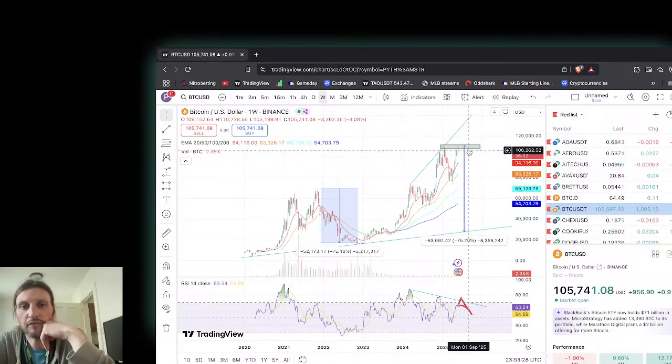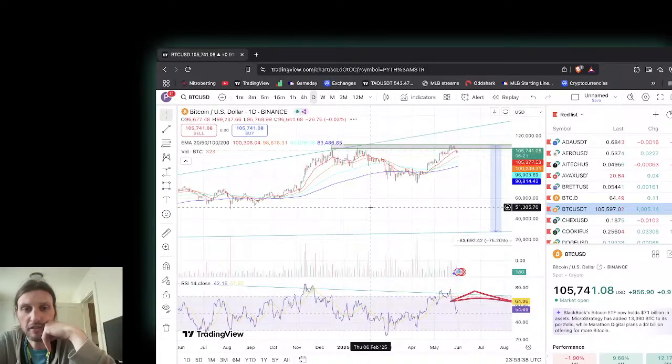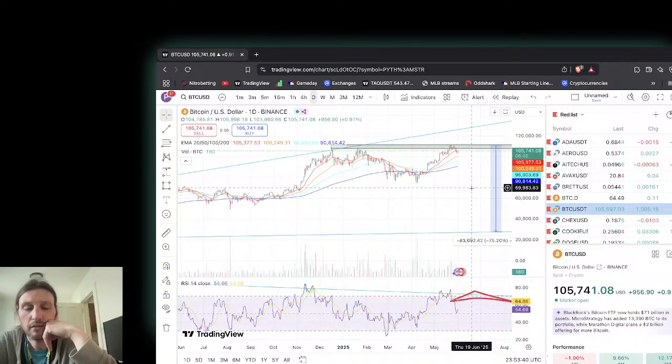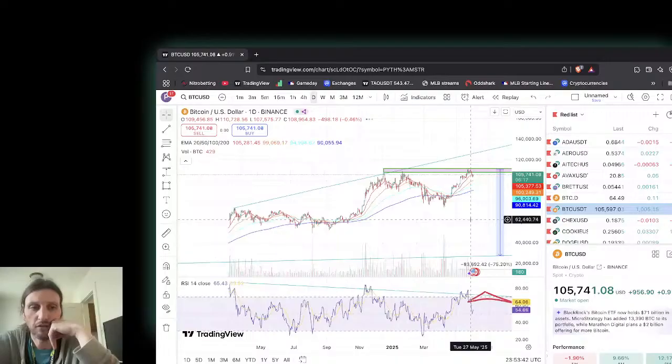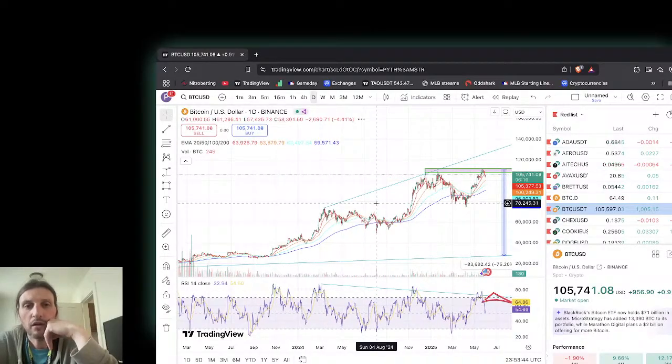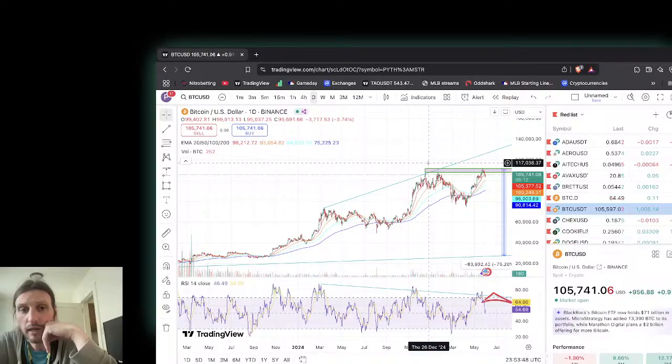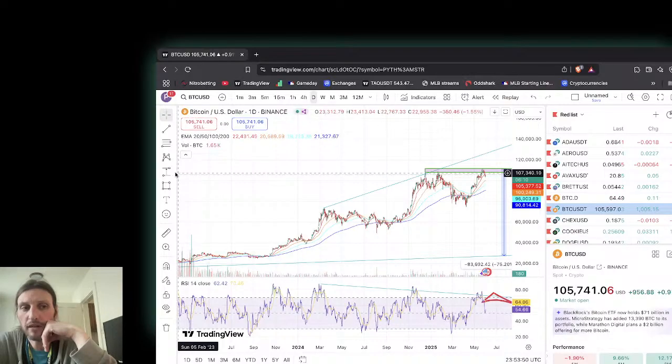Okay, so in this $2,000 range, we're looking for it to top and start coming back down. If we did, we would set stop losses above the 112 all-time high, right? We can expect to see scam wicks up, and I'm not going to get stopped out on a scam wick.